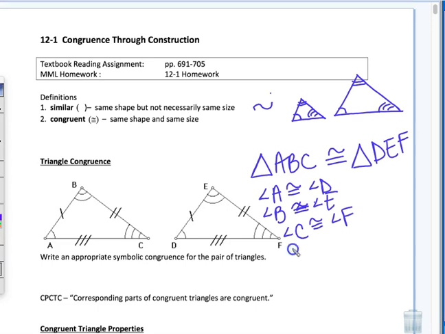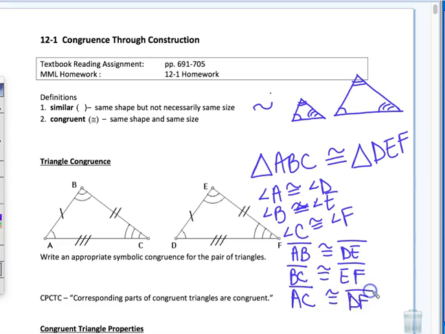So you could say segment AB is congruent, and since you're going A to B, you have to go from D to E. So AB is congruent to DE. Segment BC is congruent to segment EF. And then finally, segment AC is congruent to segment DF. And so those are all of the congruency statements that I could write if I know that the triangles are congruent.